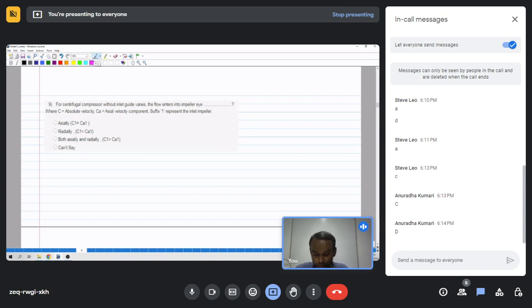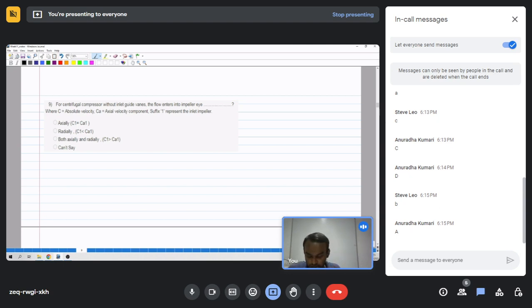For a centrifugal compressor without inlet guide vanes, the flow enters the impeller eye axially, radially, or both axially and radially. Here C represents absolute velocity, CA represents the axial velocity component, and suffix 1 represents the impeller inlet.